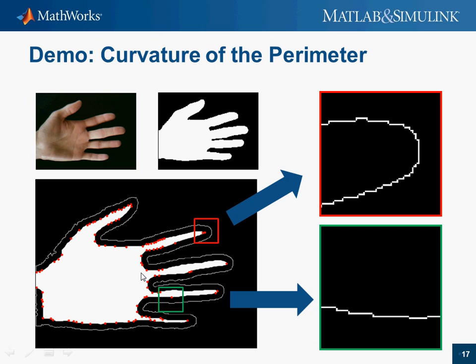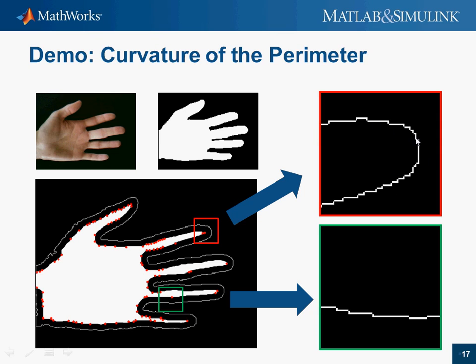What I can then do is use a corner detector to find all these red points along the side. And I'll treat all of those as candidate points. At each candidate point, I'll then crop out a section of the perimeter of the original segmented hand. So for example, in this red box here, I've taken the perimeter of the original hand and expanded it here in the top right. What I can then do is use region props to calculate the eccentricity of this curve over here.